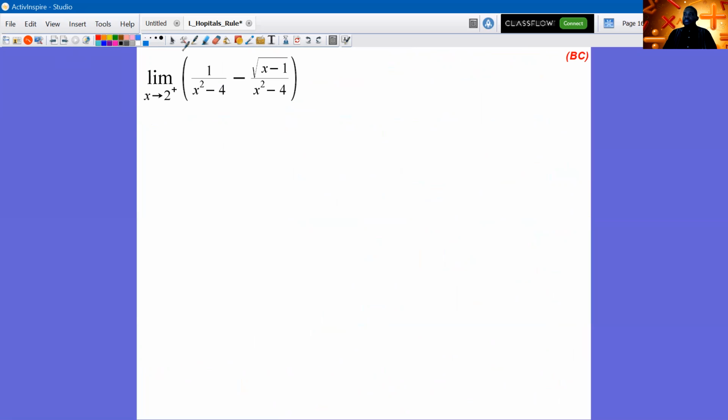Here's our final example of L'Hopital's rule. So here, what we want to do first is take corresponding limits. I recommend you don't handle these separately, because if you try to handle them separately, it will not work out well. So let's approach 2 from the right of our first fraction.